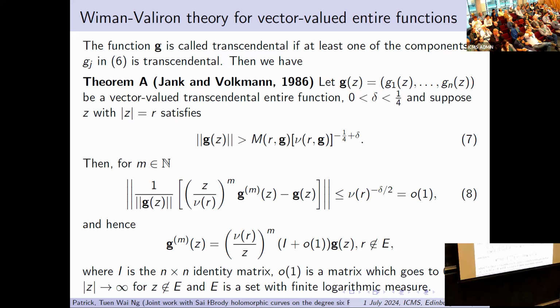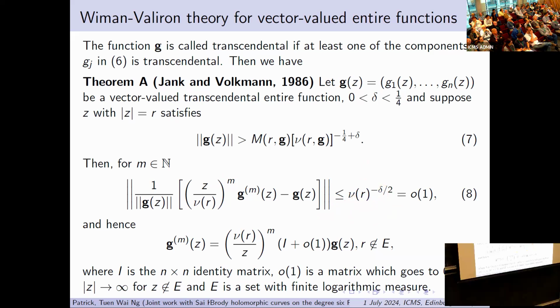So this is our G, and then we can take the derivative of each coordinate, and you can approximate the original G by multiplying the derivative with this factor. And so there's an error term which is given by this function here, this central index function.